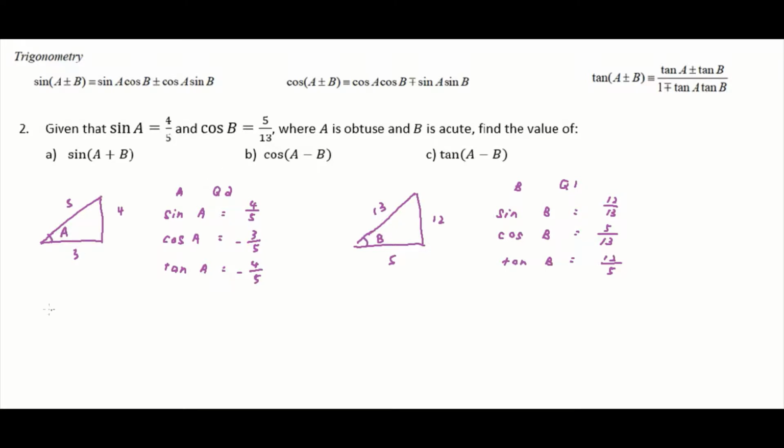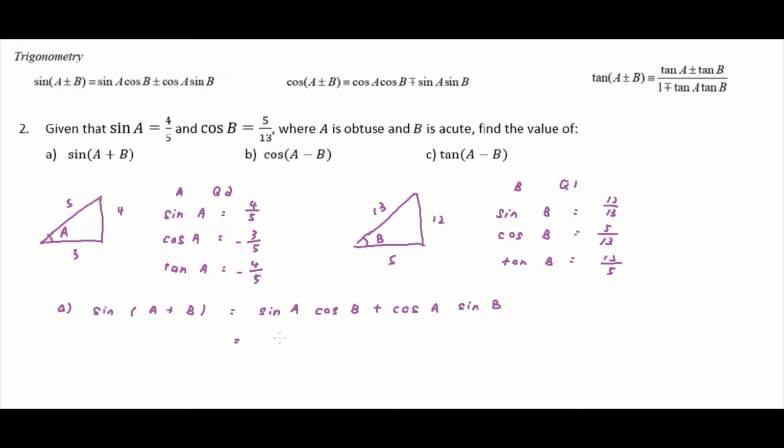Okay, so A, sine A plus B. Same thing, we will use the formula to expand it. So sine A plus B, when you expand it, you should have sine A cos B plus cos A sine B. So you just substitute the values that you have got.